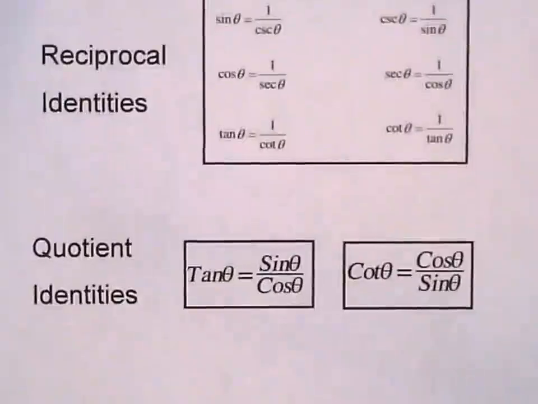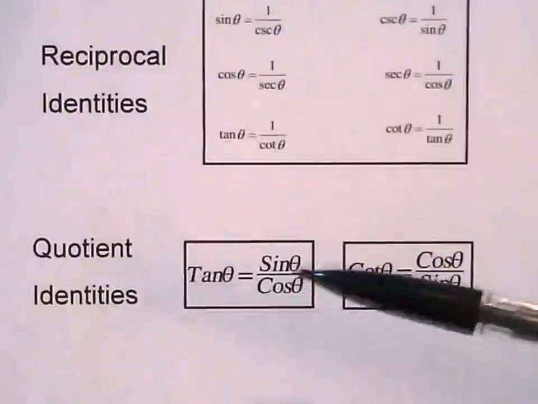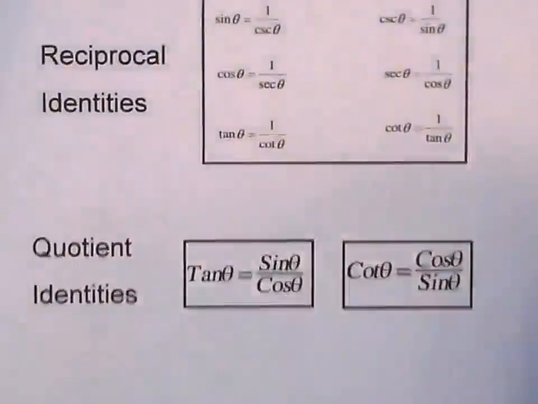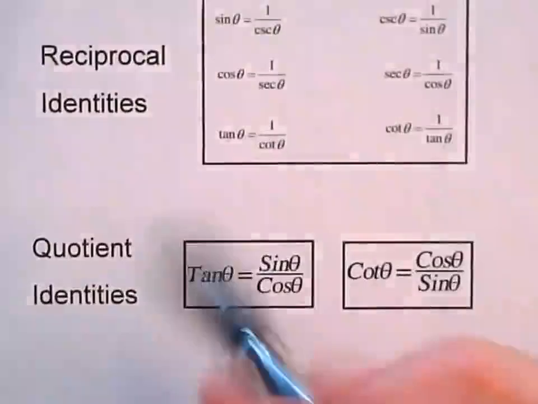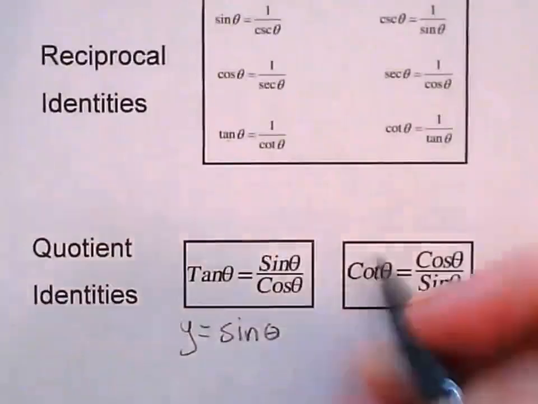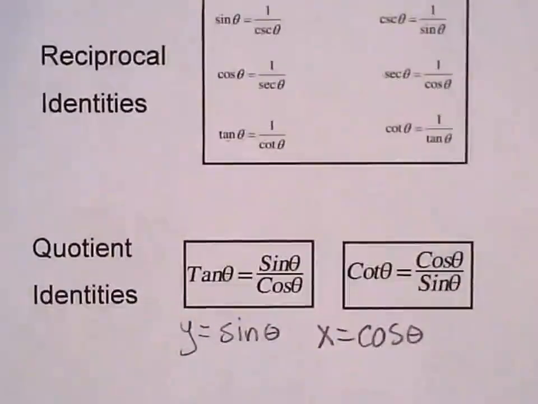The next set here in the middle is the quotient identities. And if you remember from the unit circle, the y value was the sine and the x value was the cosine. And so we would ask, well, how do you get tangent?